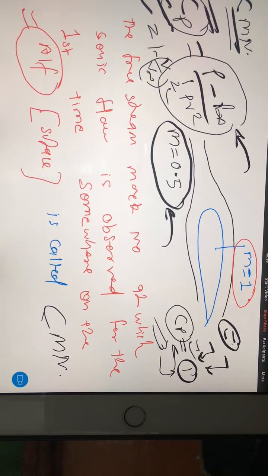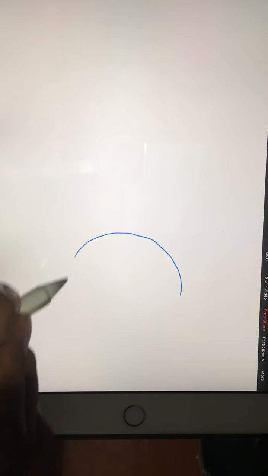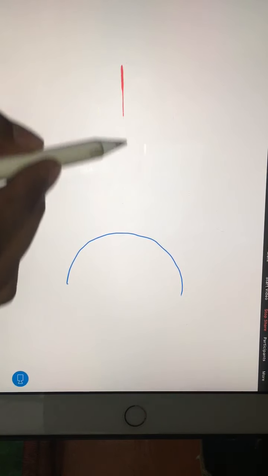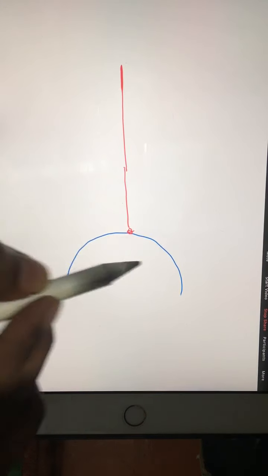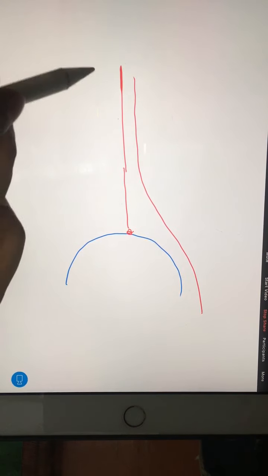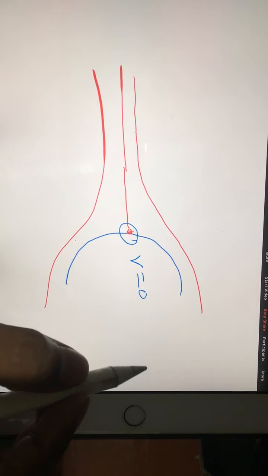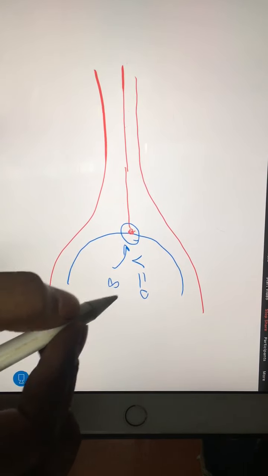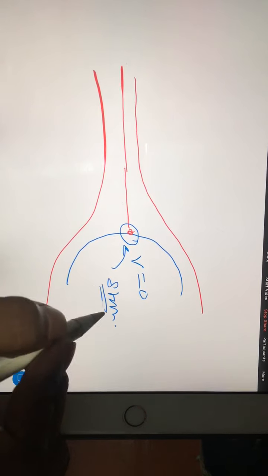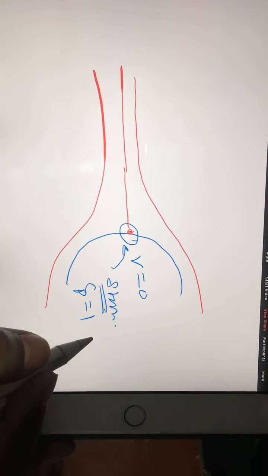Suppose this is the front portion of the airfoil, and air is coming and exactly hitting at this point, and the remaining air is going like this. At this point suppose your velocity became 0. So you will call this the stagnation point, and at the stagnation point your Cp is equal to 1.